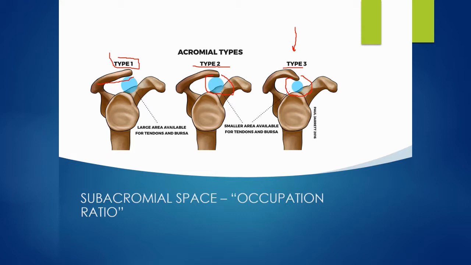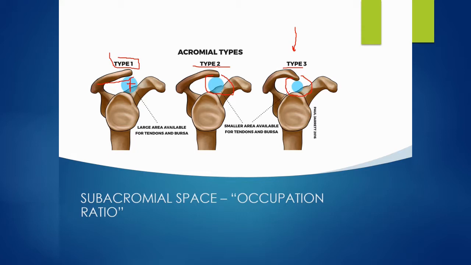Now, in addition to mechanical impingement by the acromion process, as we're going to see in diseased tendons, tendinopathy tendons, degenerative tendons, the size of the tendon is going to increase. So imagine that this blue circle increasing in size and circumference by 20%.